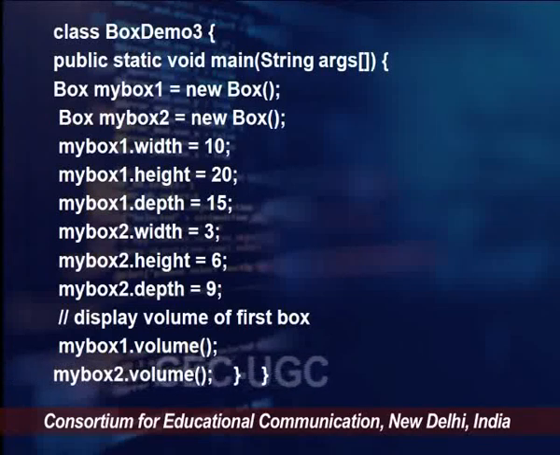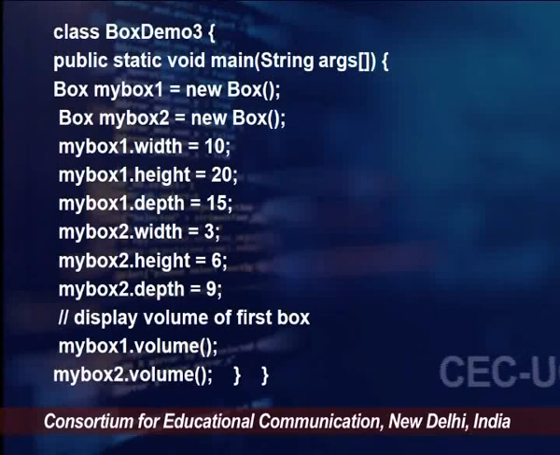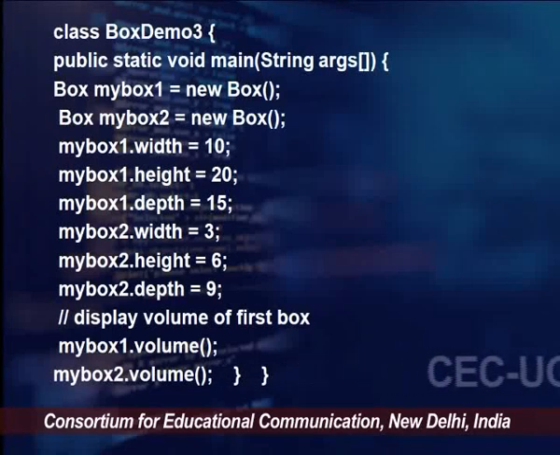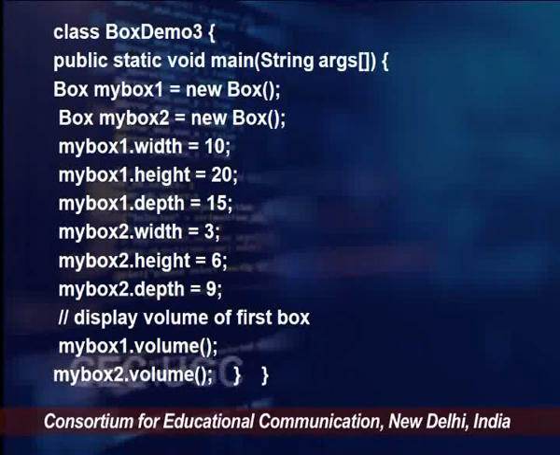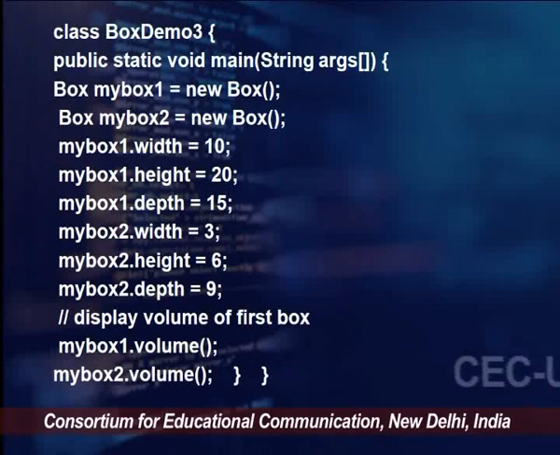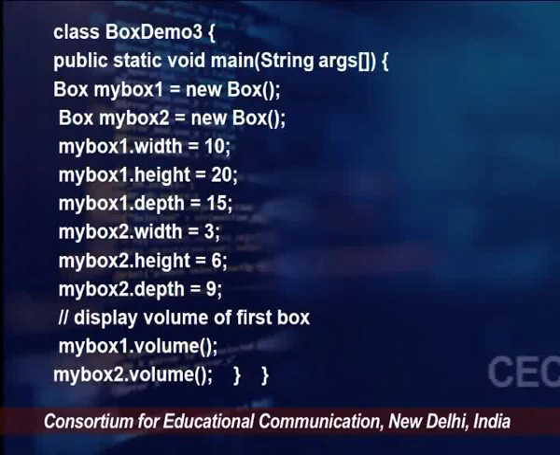In order to create the instances, we have created two. One is Box myBox1 equals new Box, another one is Box myBox2 equals new Box. So, two instances, myBox1 and myBox2. Then we use myBox1.width, that means a dot operator between the object or instance name and the variable width, then the object name dot the next variable name height, then myBox1.depth equals 15.